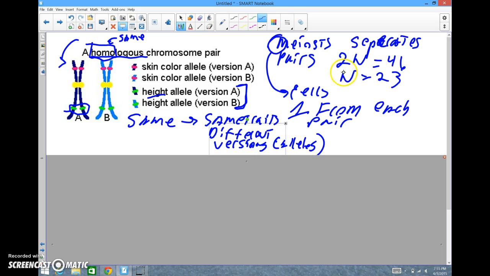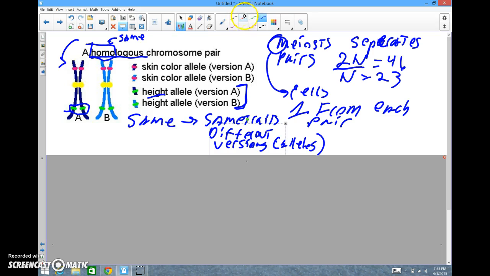So human beings have 2n chromosomes, which means every n is a homologous pair. So if chromosome 1 in a human being has the trait for eye color on it, one of your chromosome 1s has an eye color allele that you got from, say, your father, and your other chromosome 1 has an eye color allele you got from your mother. Since they both have the eye color allele, they are homologous.